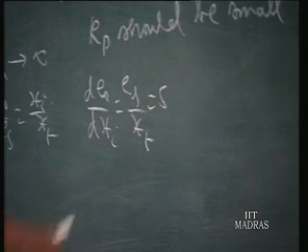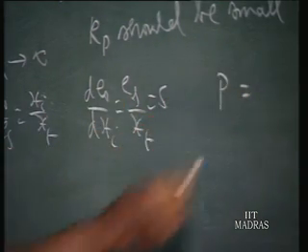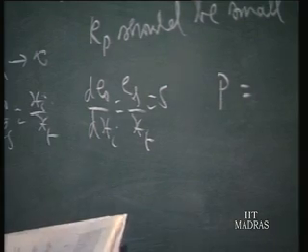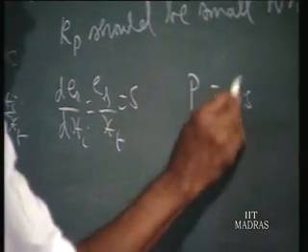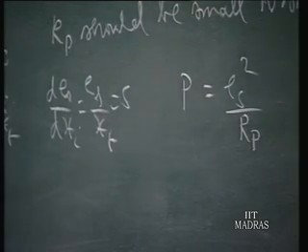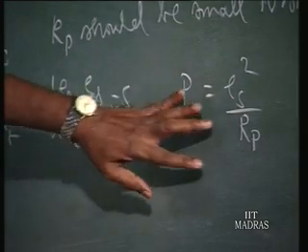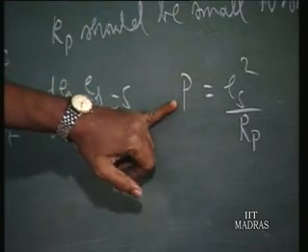But to have a higher ES, we have to consider the power rating. Power rating is P equals ES squared by Rp. This is the power rating of the resistor, or the manufacturer will specify that much power alone it can dissipate.